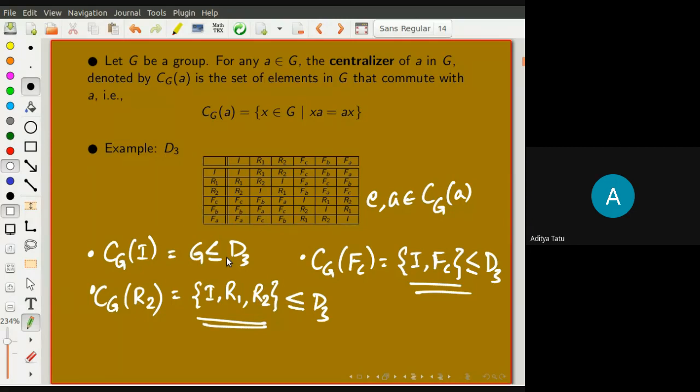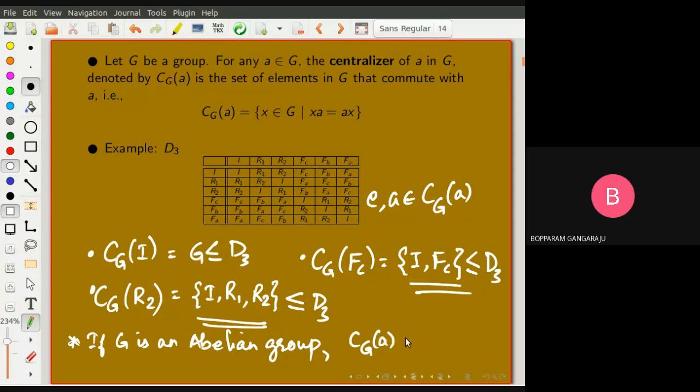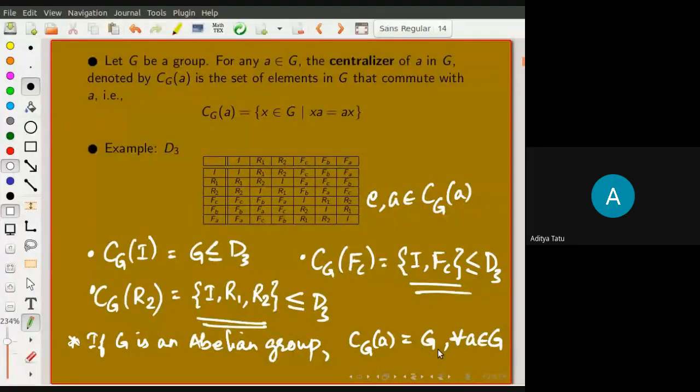How about an abelian group, by the way? If G is an abelian group, what can you say about the centralizer of any element? It will be the whole group G. Still, the centralizer is a subgroup of the group.